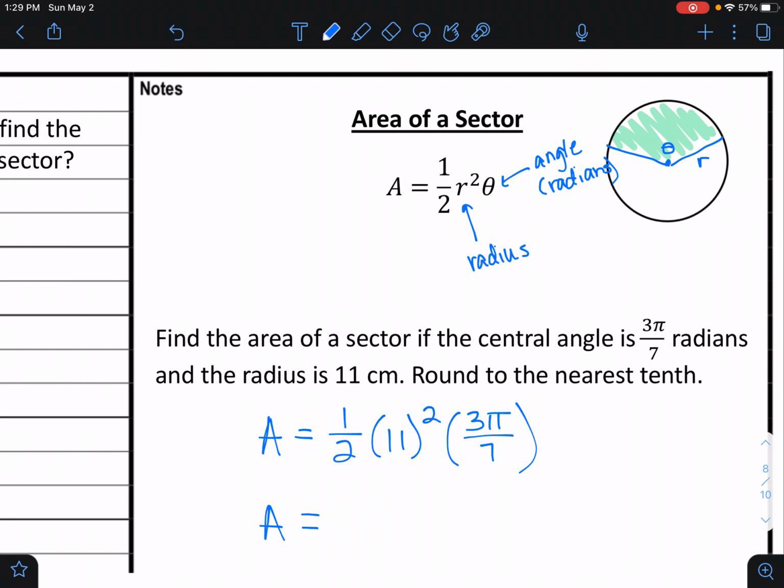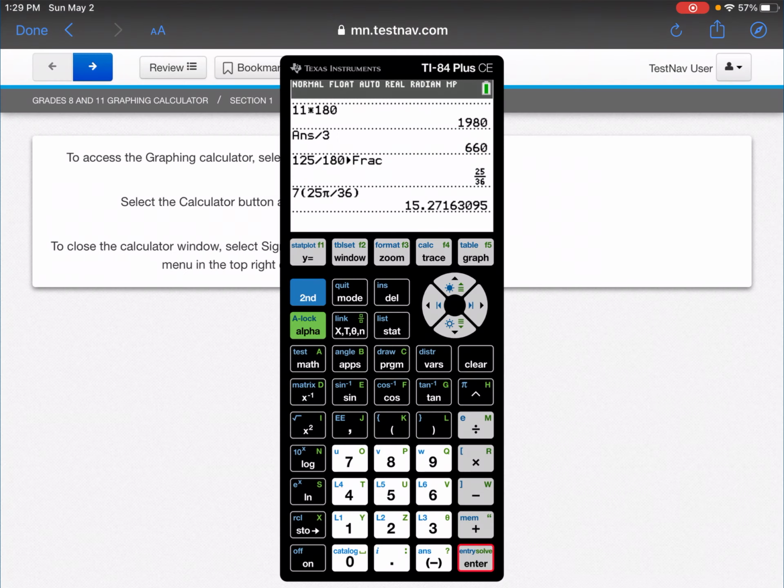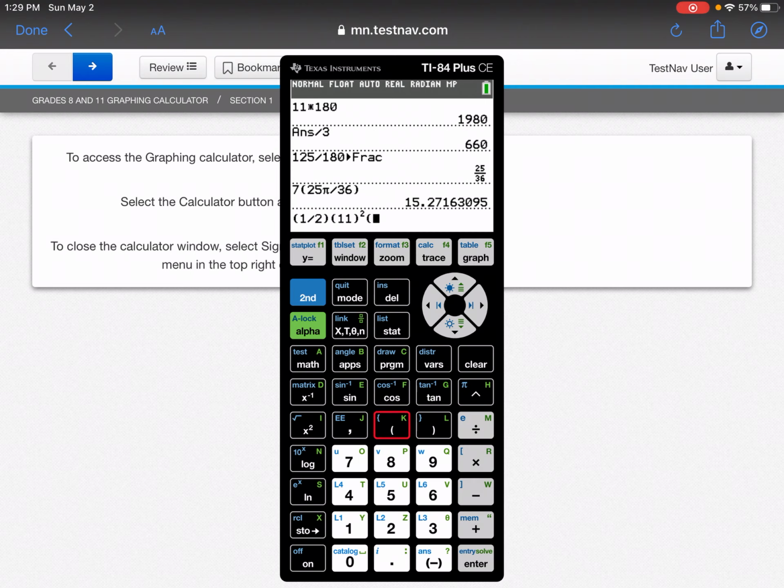So let's do that. 1/2 times 11 squared times 3 pi over 7. You can do 0.5, or if you don't want to keep doing fractions all the time, times 11 squared, and then times 3 pi over 7.